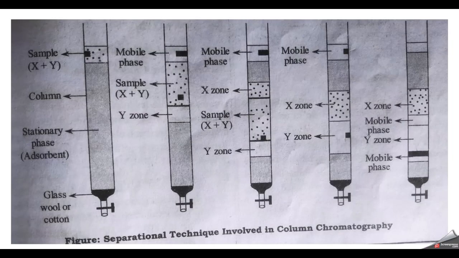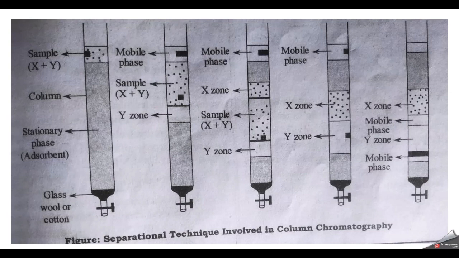In the diagram we can see that glass wool or cotton is at the bottom, then the stationary phase, that is the adsorbent, is introduced to the column, then the sample is introduced which contains X plus Y. After sample introduction, the mobile phase is introduced to the column. After mobile phase introduction, the sample which contains X plus Y starts to separate into an X zone and a Y zone.